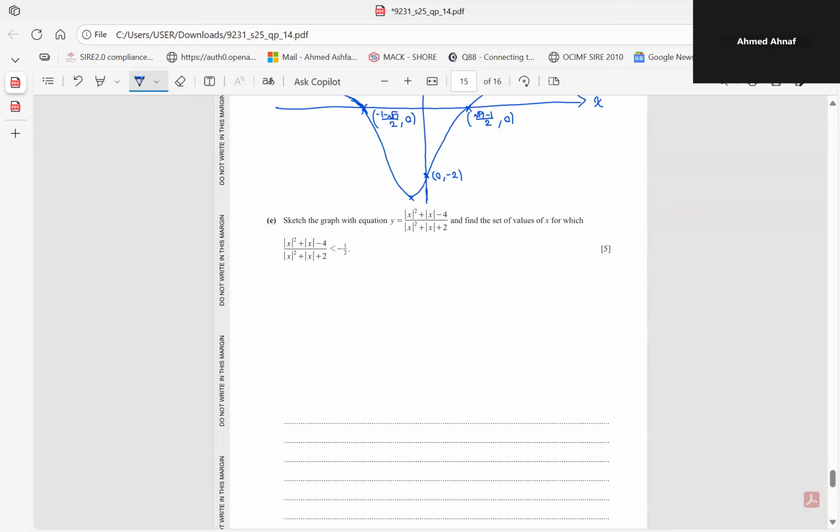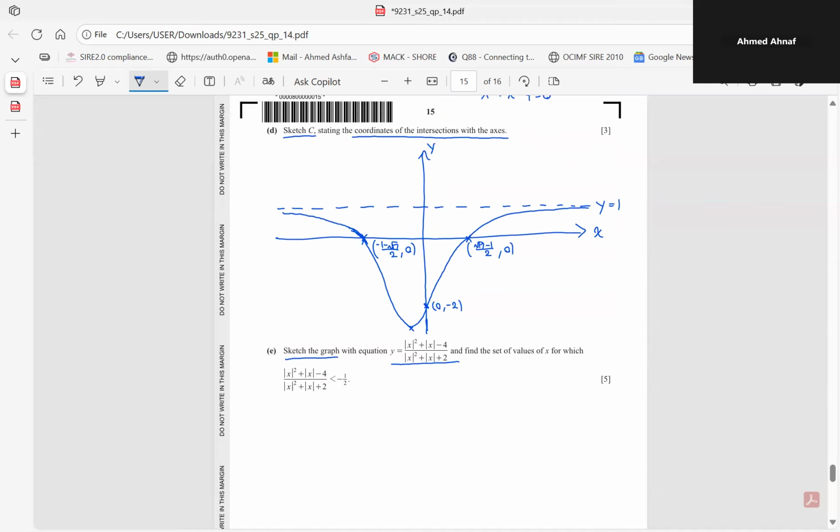All right, so now we're supposed to sketch the graph with this equation. Basically it's the same equation, but now the modulus function has been applied to every x. So it's not that the whole function is under the modulus function, but only the x's.